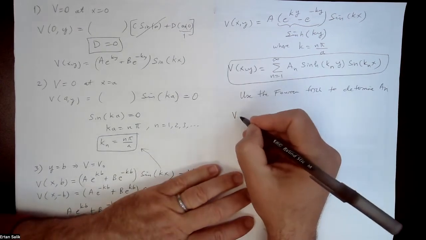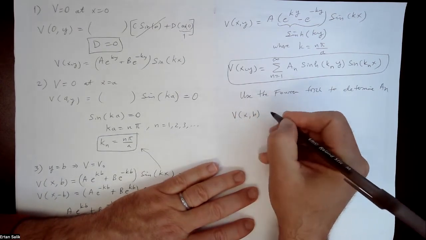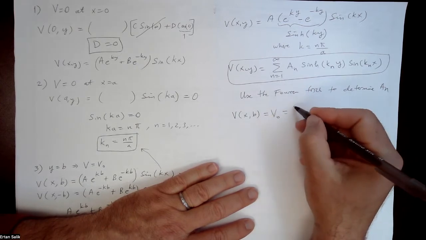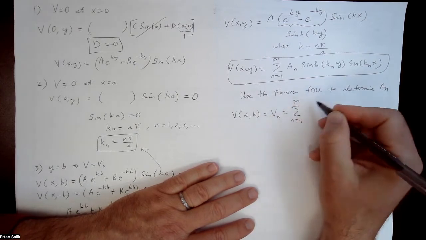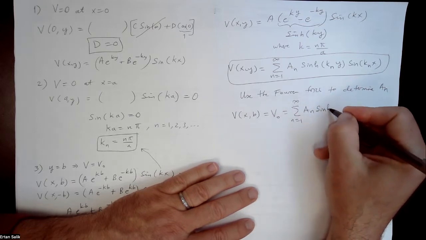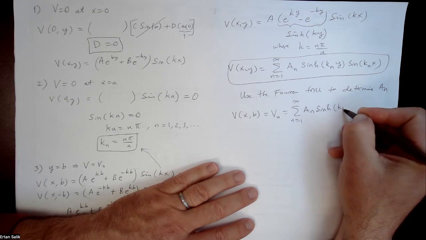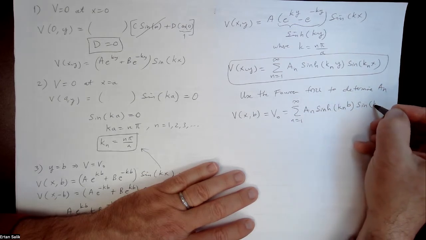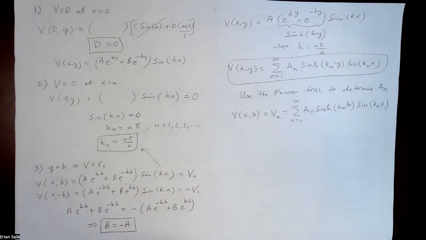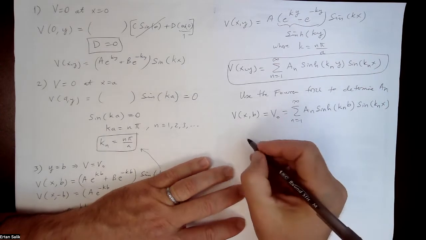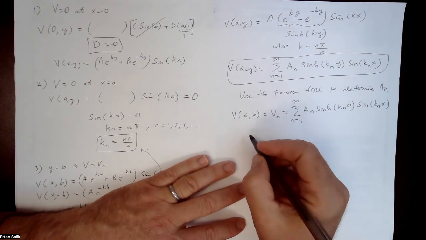So we have v(x,b), I can write as v0. It's going to give me the sum from n equals 1 to infinity of an sine hyperbolic kn b sine kn x. Now you multiply both sides by sine kn prime x and then integrate.